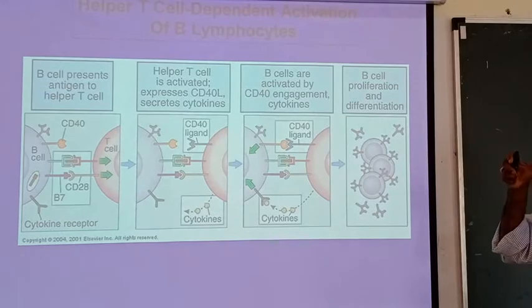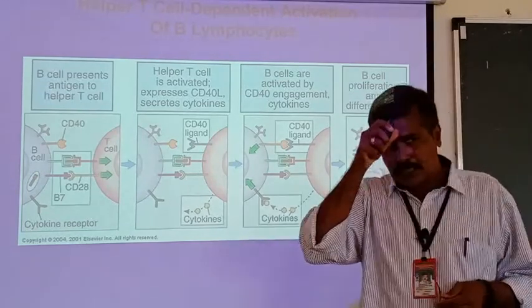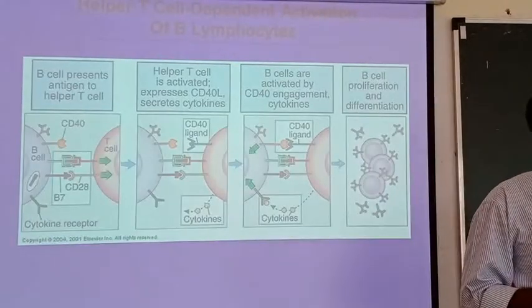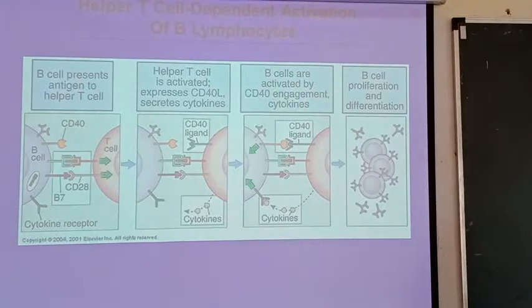So how the T cells, that is the helper cells, help in the recognition mechanism, and how the helper cell helps in the cell mediated type of defense mechanism. These B cells present the antigen to the helper cells. So this is your antibodies, this is your B cells, this is CD40, and this is a T cell.